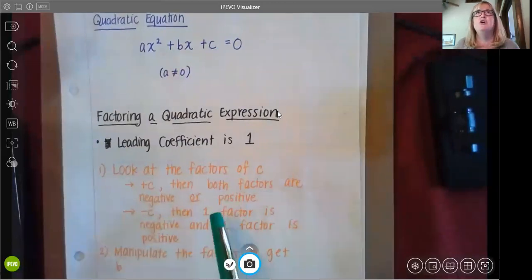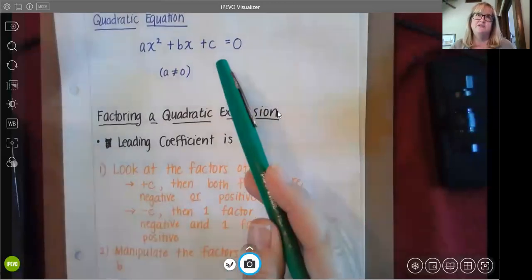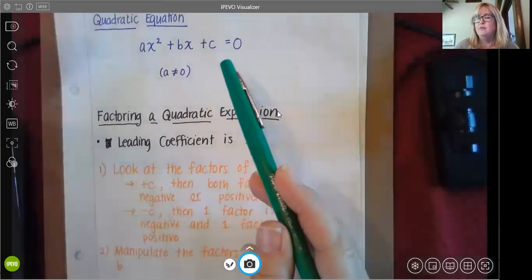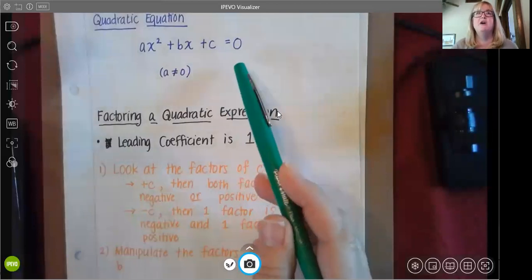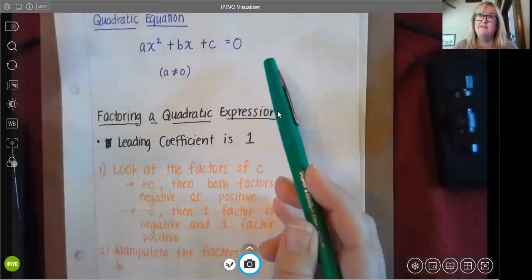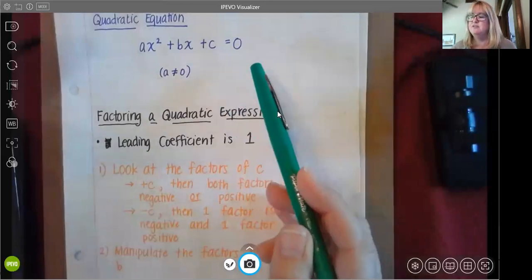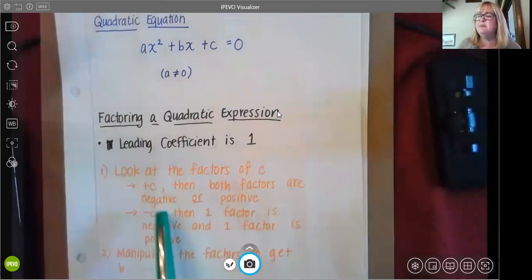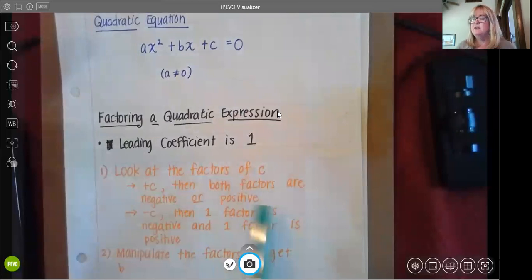Because like if c is 12, 2 factors of 12 are 1 and 12. Well, if c is positive 12, you could have positive 1 times positive 12 is positive 12, or you could have negative 1 times negative 12 is positive 12. So when c is positive, both of the factors can be negative or positive.